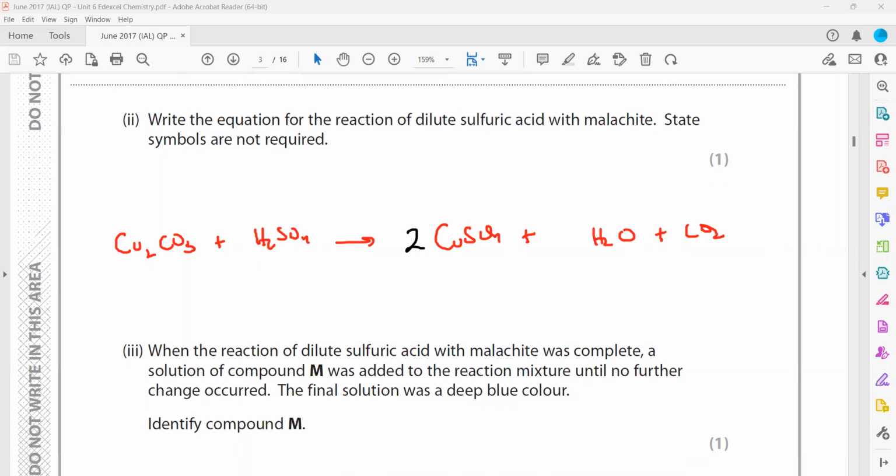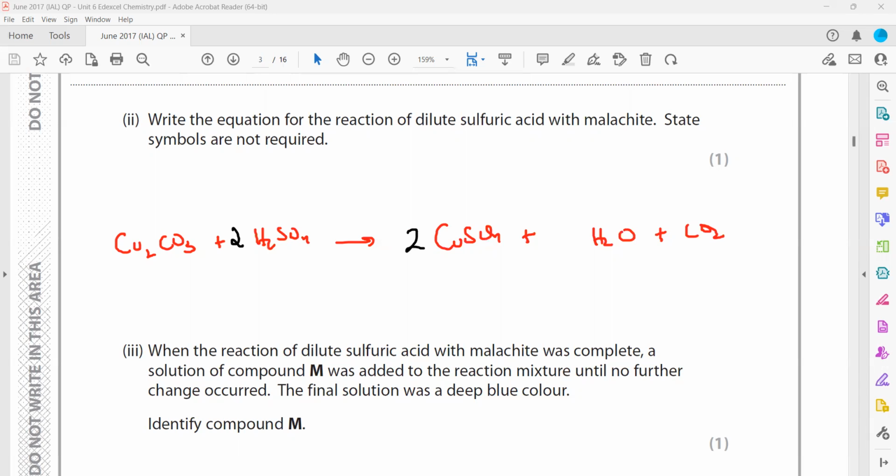Copper 2, so if I put 2, copper is balanced. Hydrogen 2, and oxygen 3 plus 7, and I have more oxygen. So if I put 2 here, because 4 multiplied, 8, 9, 10, 11. Oxygen is balanced and hydrogen is also balanced.